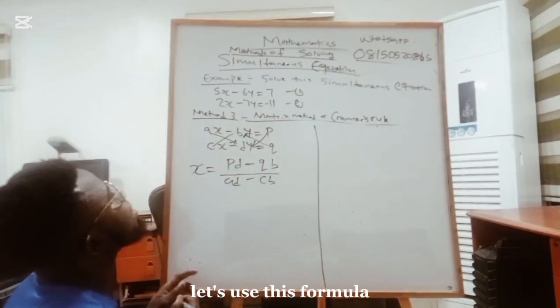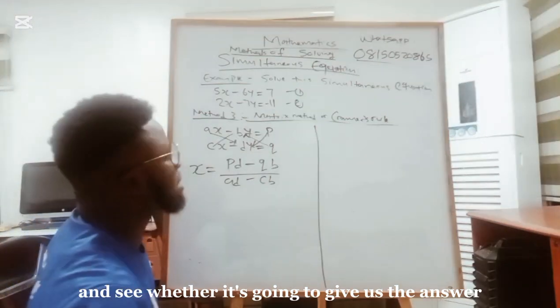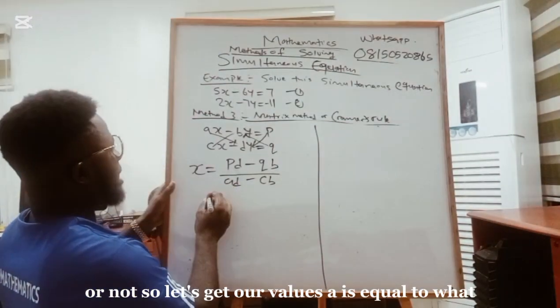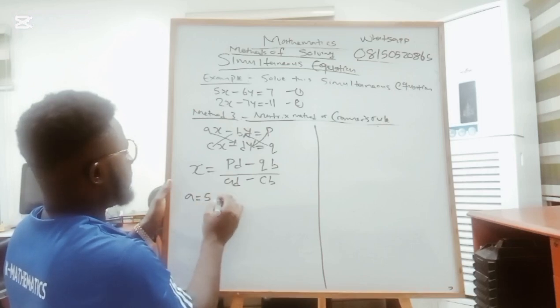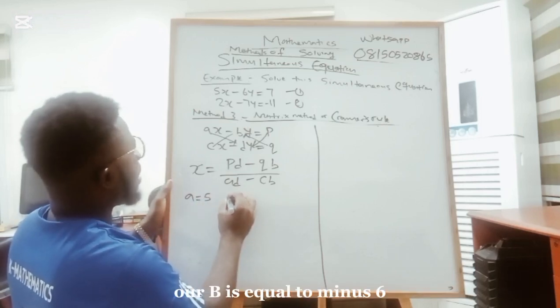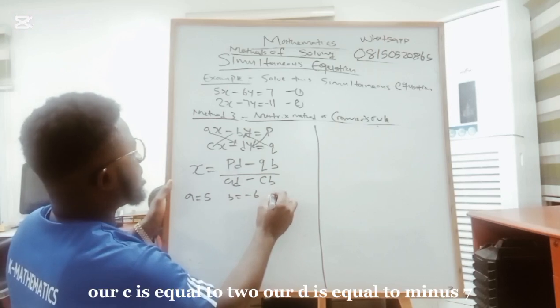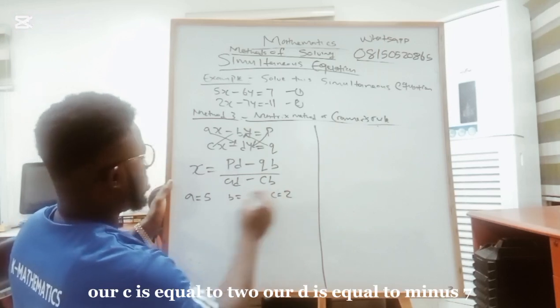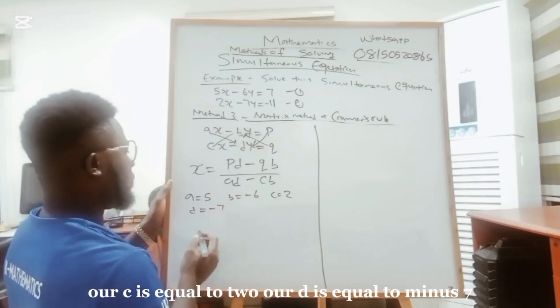If you don't believe, let's use this formula and see whether it's going to give us the answer or not. So let's get our values. a is equal to 5, b is equal to minus 6, c is equal to 2, d is equal to minus 7.